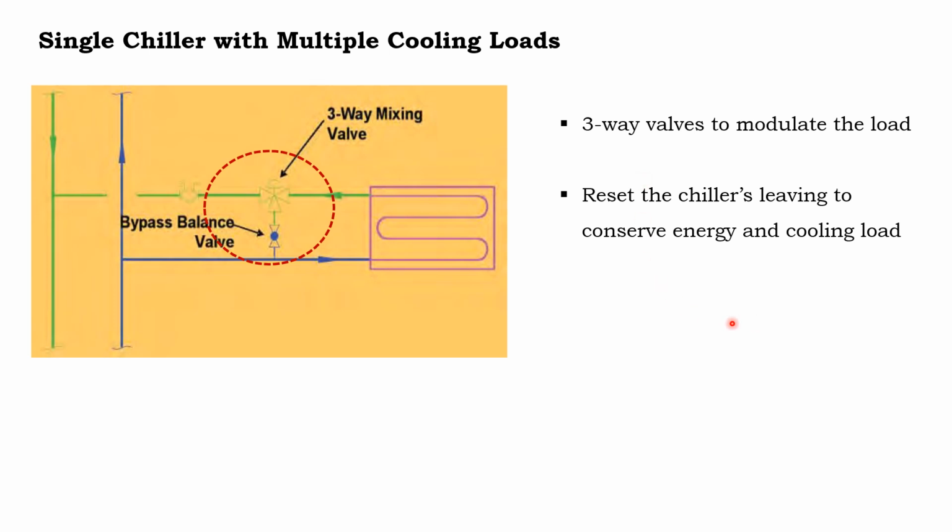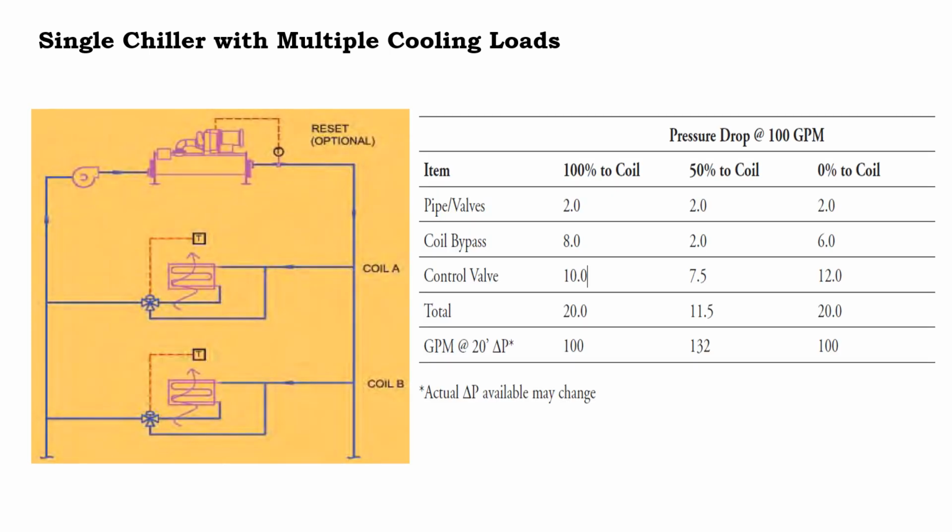Now, when three-way valves are provided and there is a part load condition wherein 50% of the cooling is required, the three-way valve doesn't modulate the flow to take care of the 50% reduced flow. So let's see with an example.